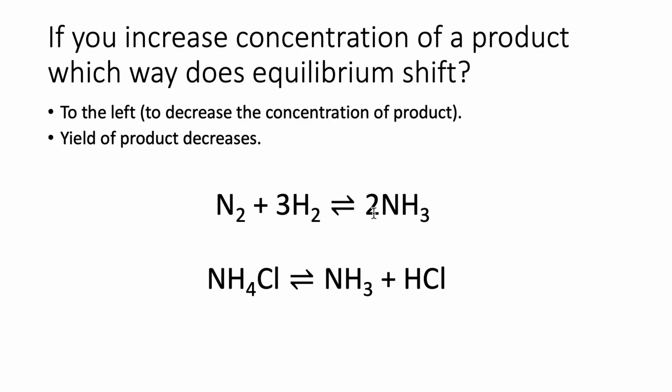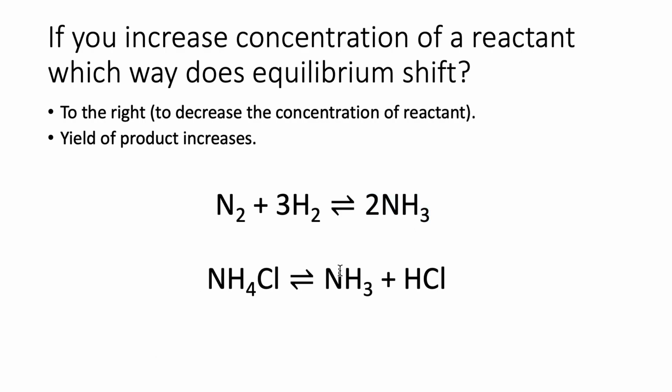And the same effect can be achieved by decreasing the concentration of product. So if I decrease the concentration of the product, then the system would want to make more product, so it would shift to the right. So both increasing concentration of reactant, decreasing concentration of product will shift equilibrium to the right.